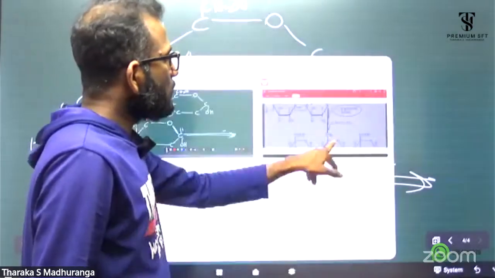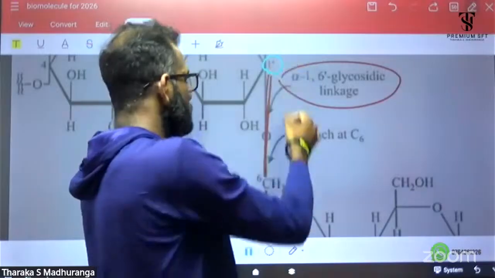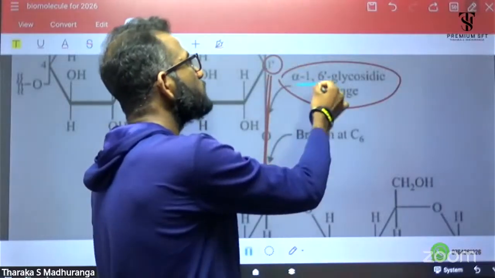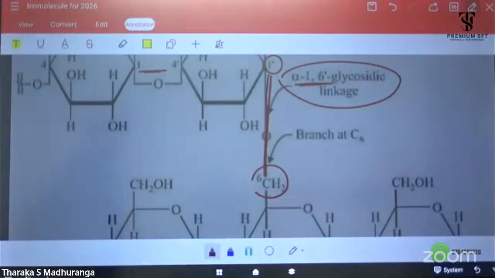The name is given according to the carbon numbers. First one and sixth one, that's why it is a 1,6 glycosidic bond. Clear? Okay, good.